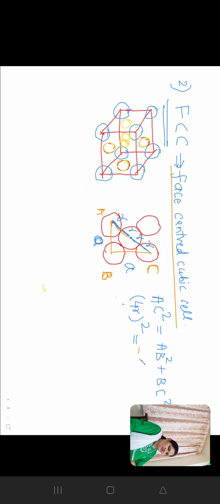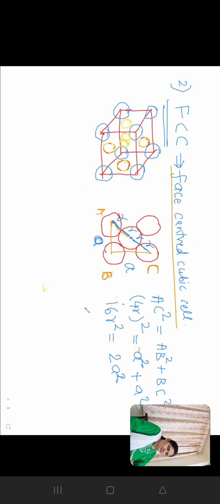So AB square plus BC square, that is also A square plus A square. Ma'am, so the triangle is an isosceles right-angled triangle, 45, 45, 90. Yes, correct. So 4R whole square, that is 16R square, is equal to 2A square.